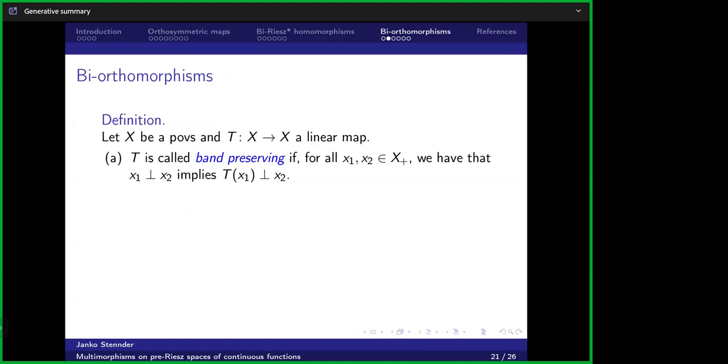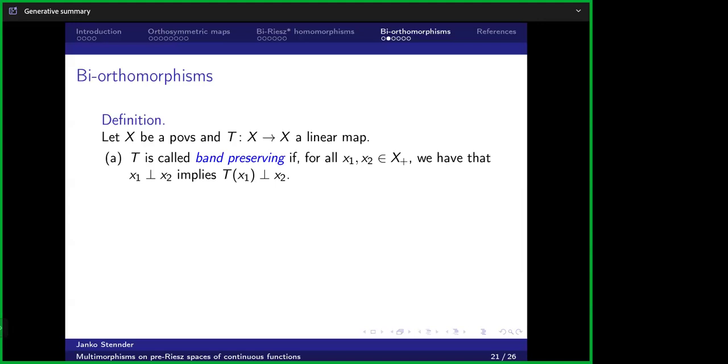First, we do the linear case. We have some partial vector space and a linear map, and we call it band preserving. It comes from the notion of band in ordered vector spaces. Not too important here, but we need it to satisfy that if I have two disjoint elements and I apply my P to one of the two elements, then the disjointness is preserved.